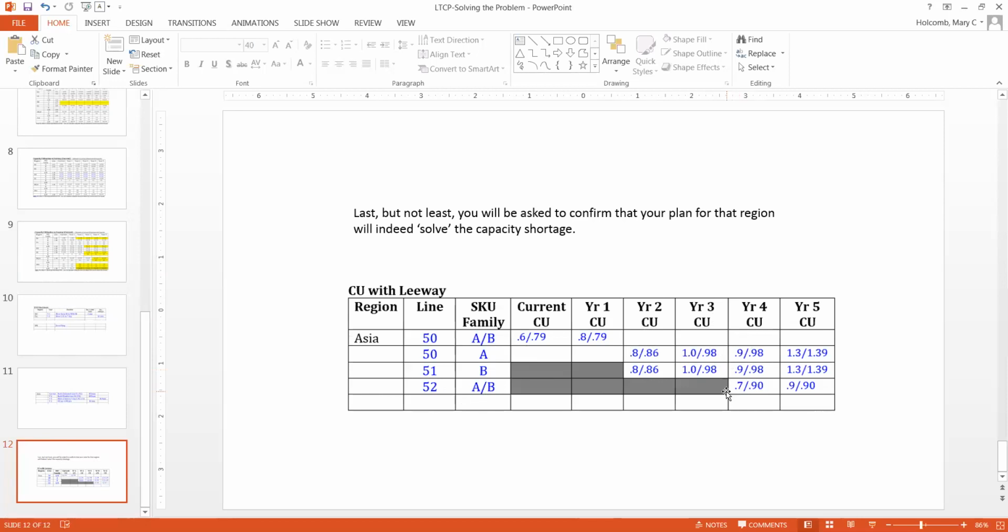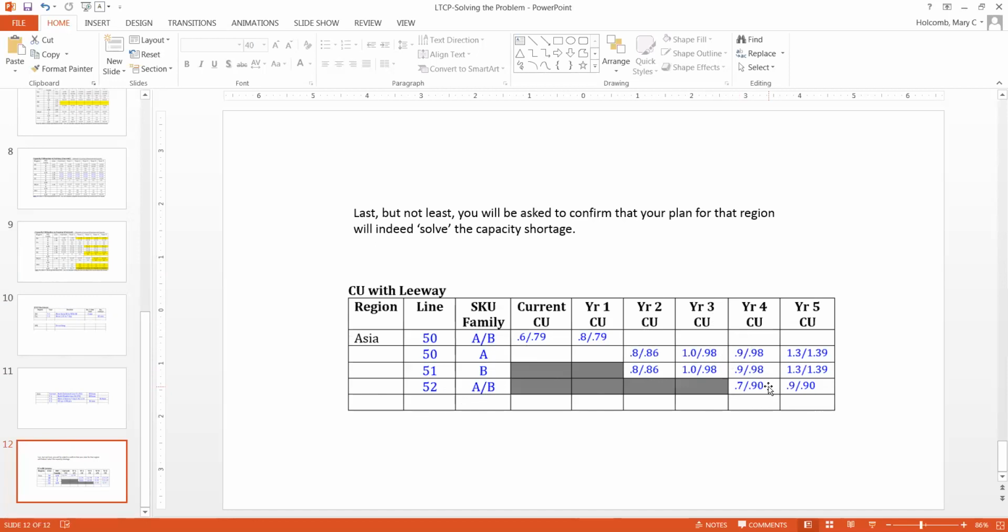If I add that 900,000 cases and the 700,000 cases, that's roughly about 1.6 million cases that we're going to need in capacity. And it looks like the 0.98 that we had in that dedicated line that's already into place. And then a new flexible line is going to add 900,000 cases. We're definitely covered there.